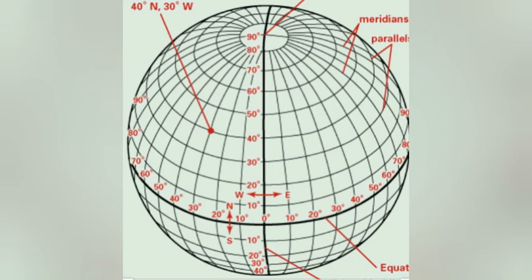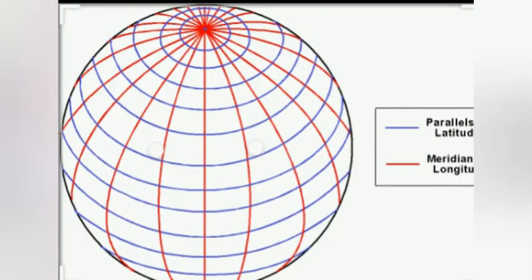The lines of the longitude are called meridians, which means midday, because all the places along a line of longitude face noon at the same time. The meridian passing through Greenwich, England has been chosen as the prime meridian.